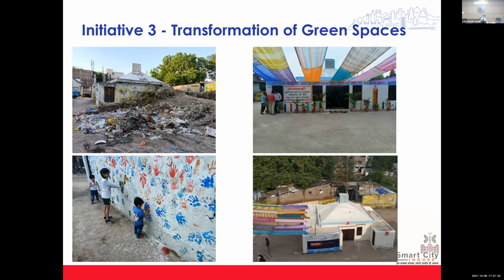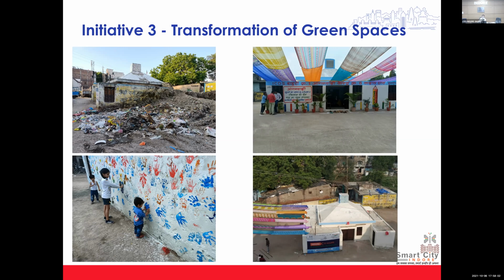Anganwadi is the early childhood care institute for children from 3 years to 6 years old. So these Anganwadis have been drastically modified, and what we can see on the right side of the collage is the current position. There is no garbage, there is no methane emission. All these neighborhoods have been really cleaned.